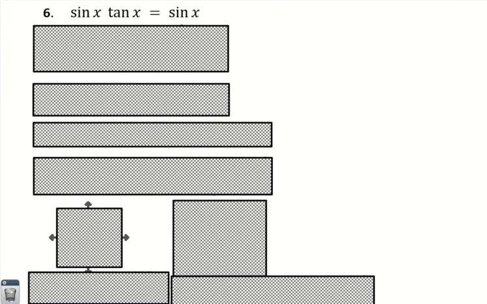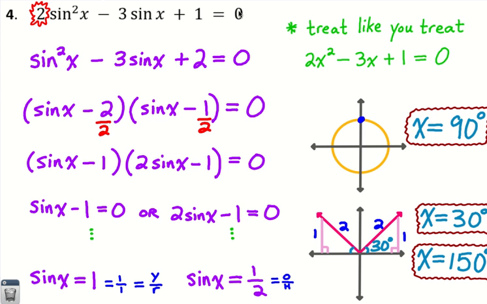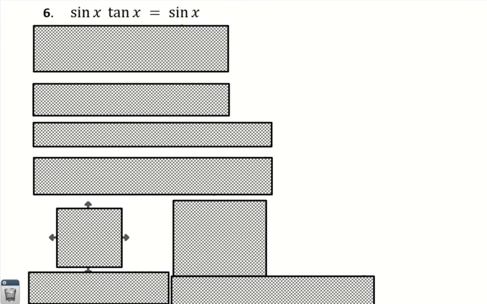So what did we kind of do back here? If you can't get something by itself, maybe we can factor, but what do you always have to do before you factor? Don't you have to set it equal to 0? So let's try that.